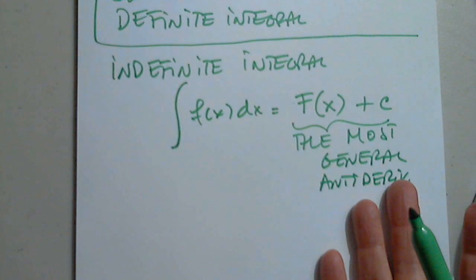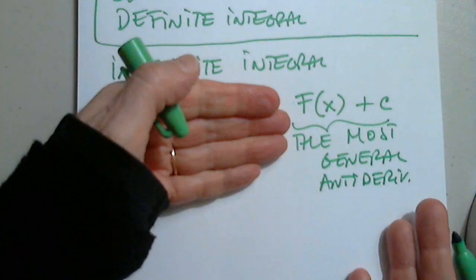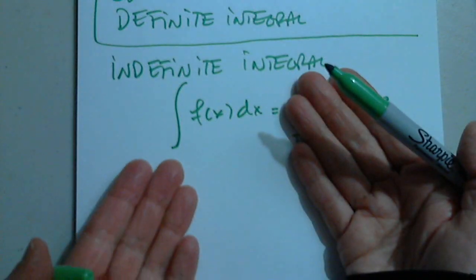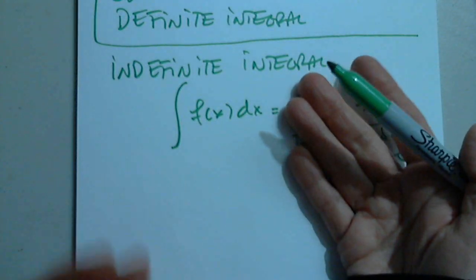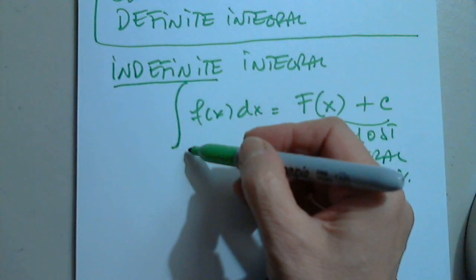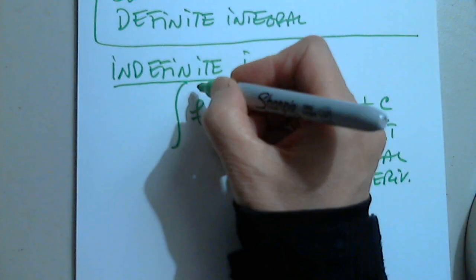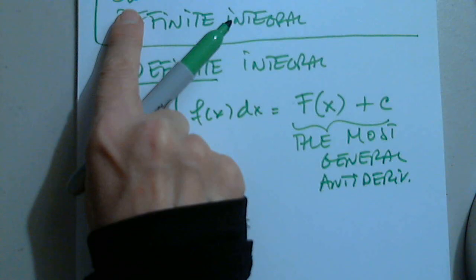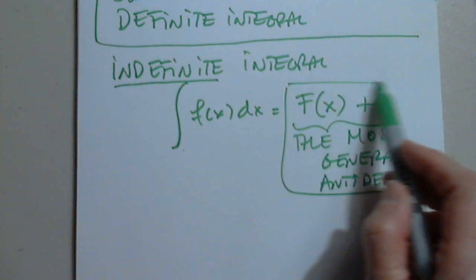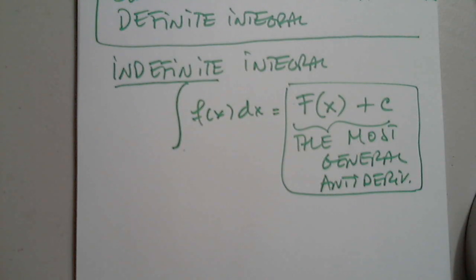So why all this? We already know how to calculate the most general antiderivative. Yes, this is a different notation. Indefinite means general, right? It doesn't start here and end here like the definite integral. It gives us a family of functions. Another way of writing the most general antiderivative.